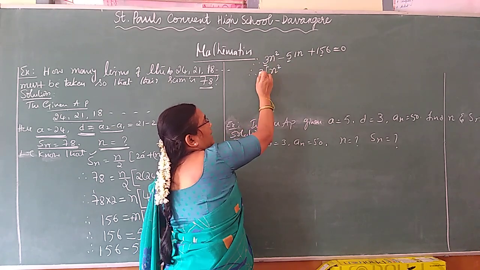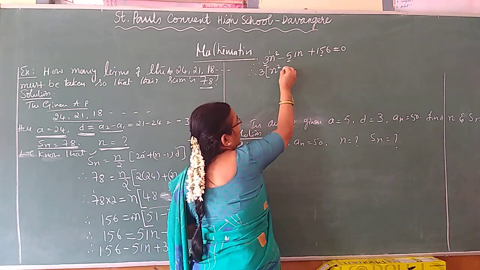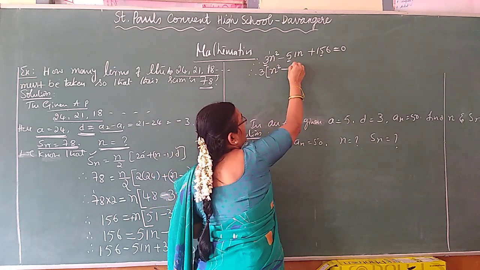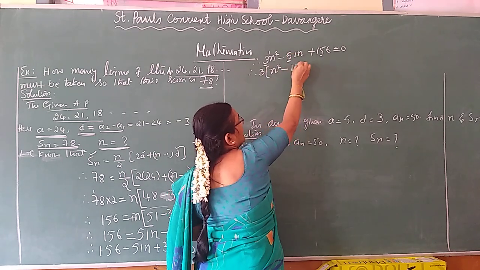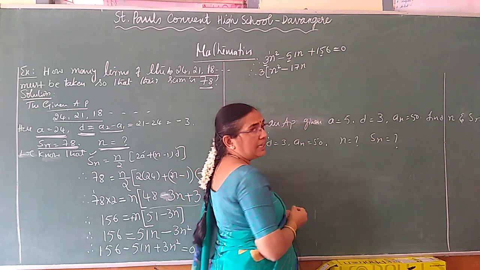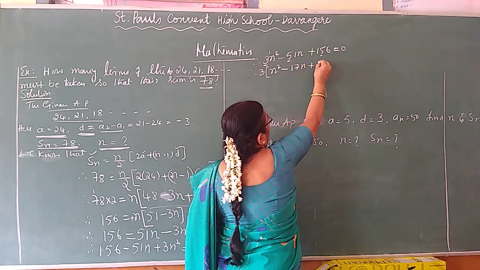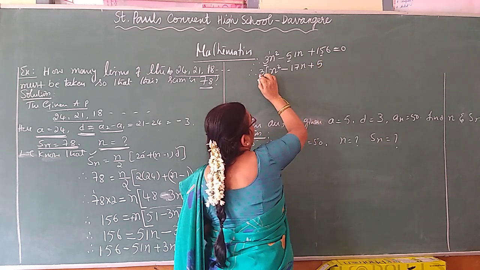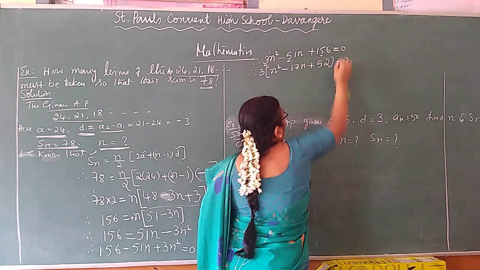3n square, I am dividing by 3, 3 ones are 3, so 1 came. Dividing this again, minus 3 ones are 3, 2 remain. So 3 sevens are 21, that is 17n. Here plus, and dividing this also, 3 5s are 15, 3 2s are 6, equal to 0.